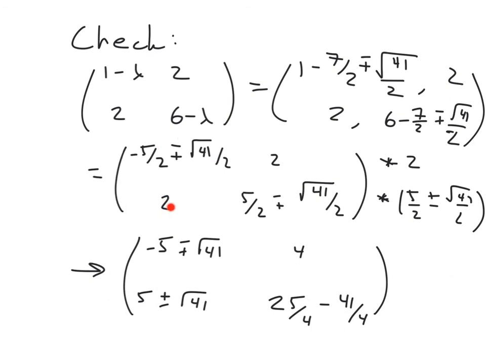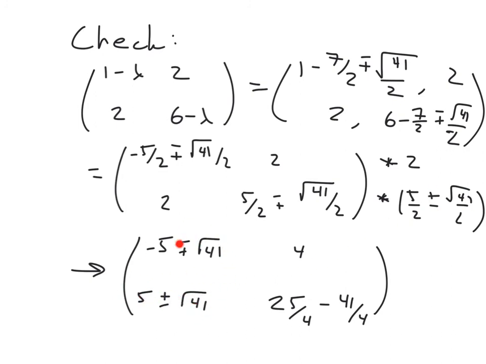There was a 2 here, so I'm multiplying this row by 2, and there's this negative 5/2 minus plus root 41 over 2, so I'm multiplying this row by the negative of that, 5/2 plus minus root 41 over 2. When I do that multiplication, this negative 5/2 became a negative 5, this root 41 over 2 became a root 41, this 2 became a 4. And then this 2 times that kind of ugly expression gave us a 5 plus or minus root 41.